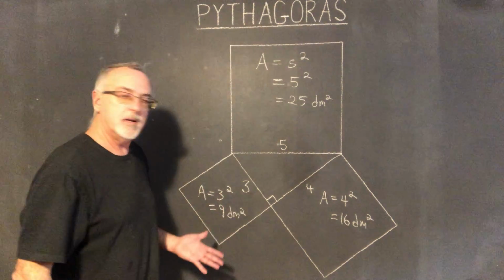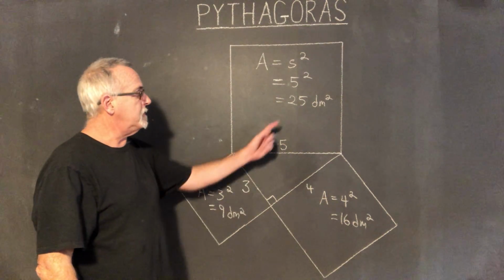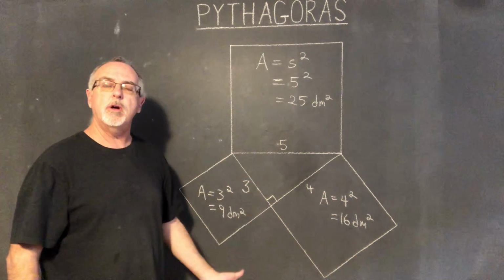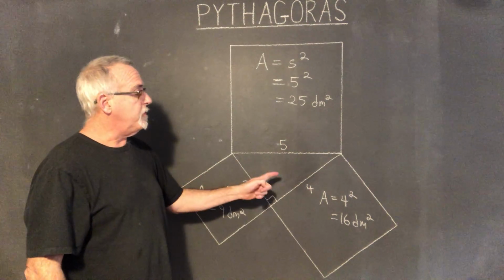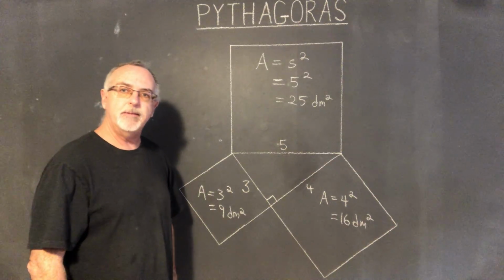But what's interesting is 16 plus 9 happens to be equal to 25. Would that happen with any triangle I could draw? No, but it would happen with any right triangle I could draw. And that's kind of neat.